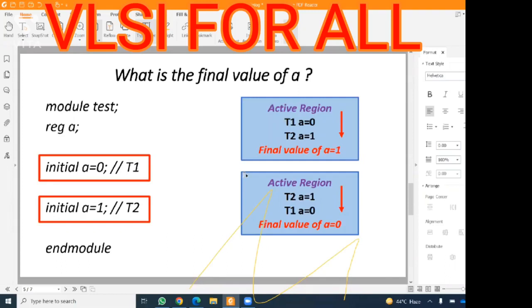Now in this code, we have a module test, we have a register A, and there is one initial block which is assigning A to 0, and a second initial block which is assigning A to 1.